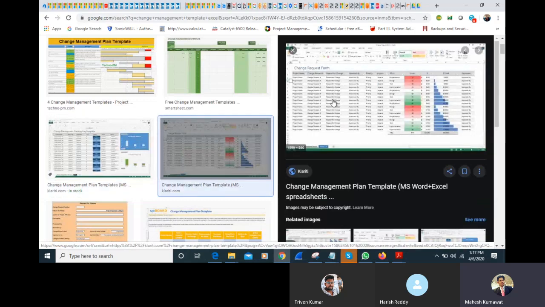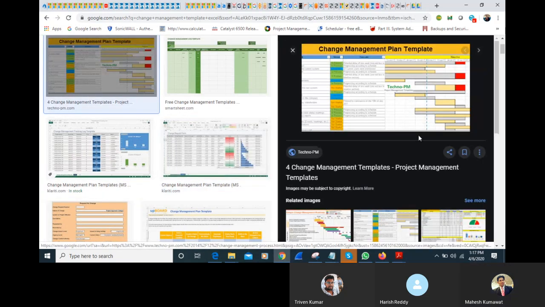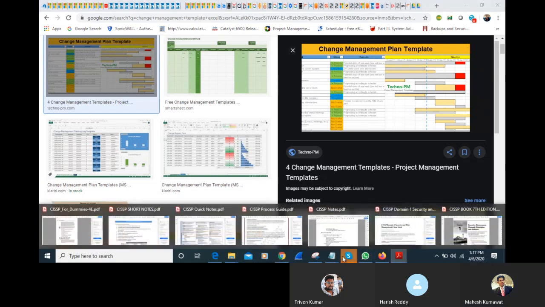How many were approved, what is the priority, what is the impact on the company, what the effort will be, the number of hours taken, and the project name. This is how change management happens in any company. The change management plan template is the plan: how to do it, when to do it, who's going to do it, and what approval is required. All these things are required in the company.